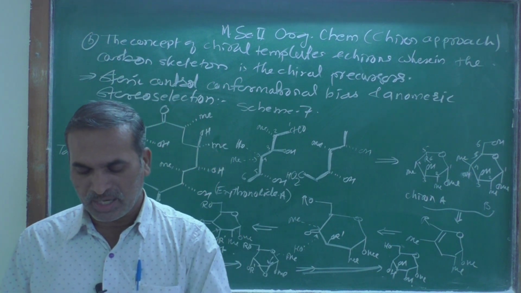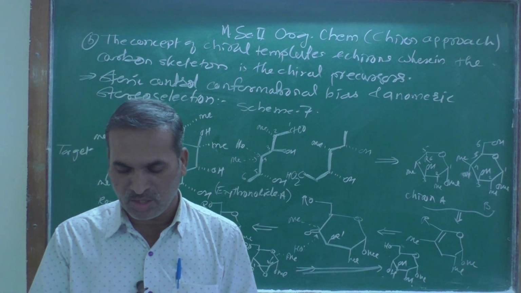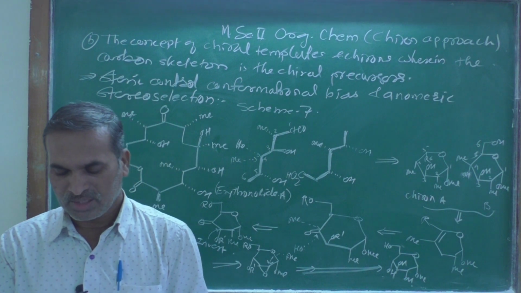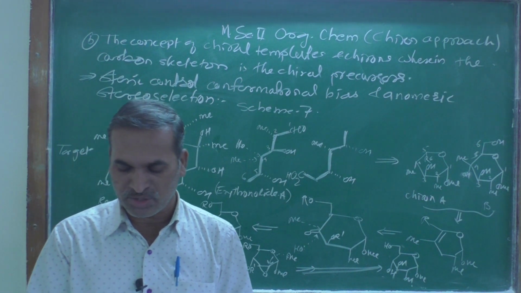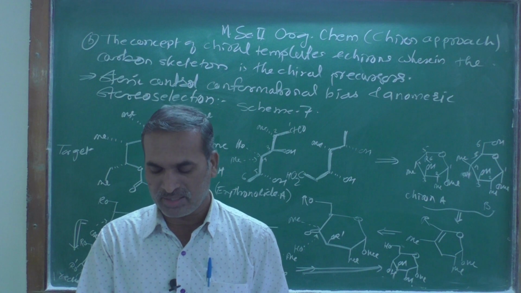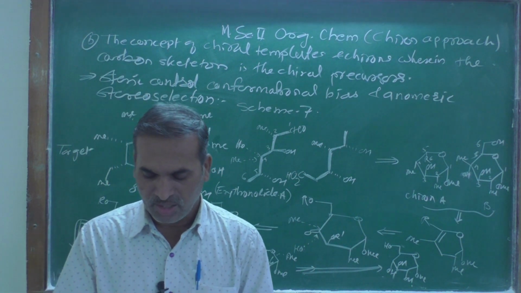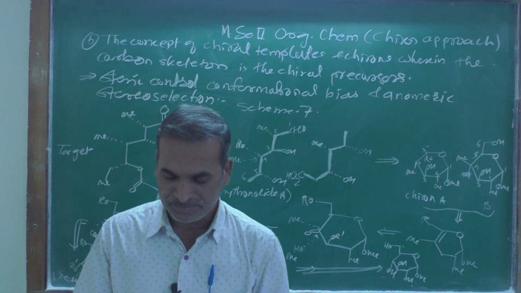One begins a systematic introduction of functional groups based on conformational bias and anomeric stereoselection provided by the axial orientation of the anomeric substituent.